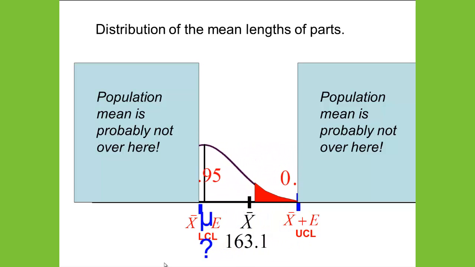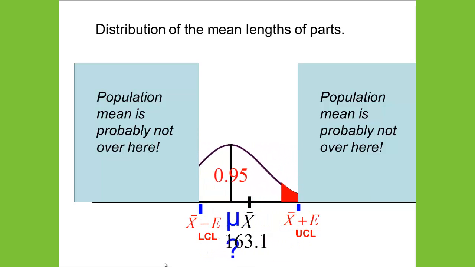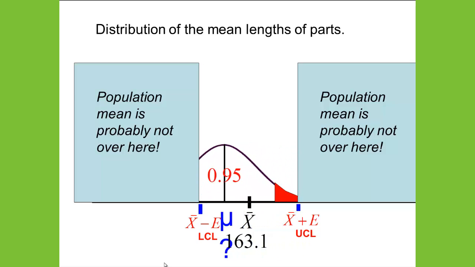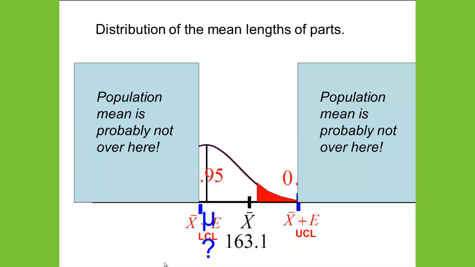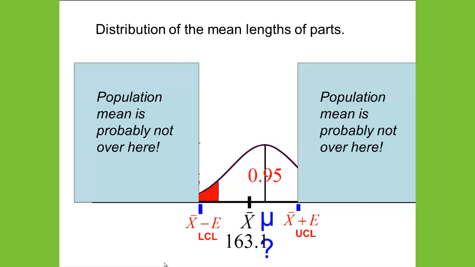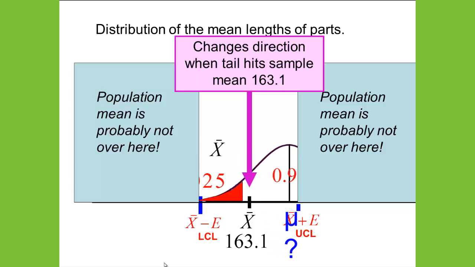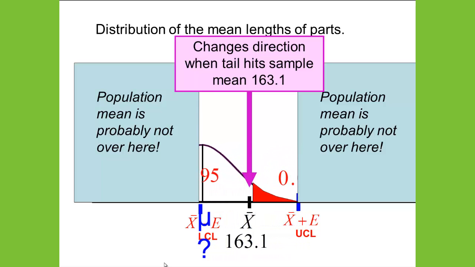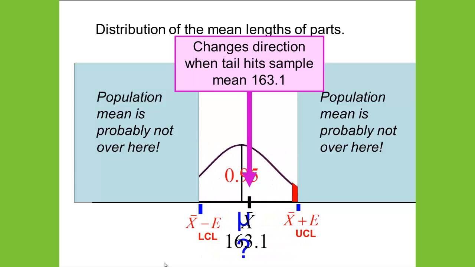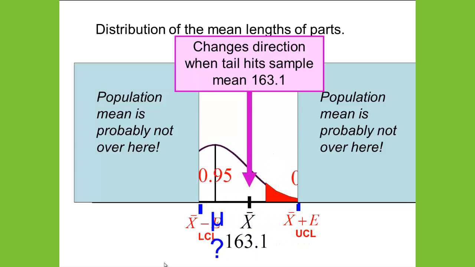So we now have a range of values that mu can fall between. Notice that it changes directions when the tail hits the mean of 163.1.